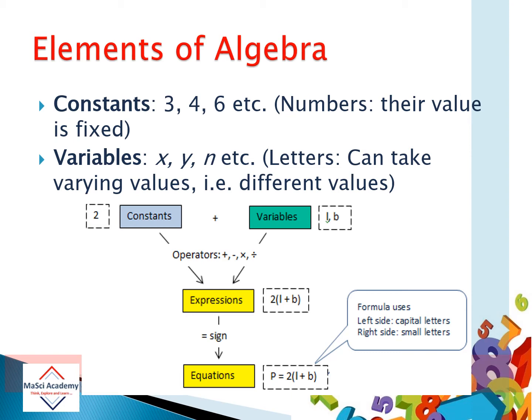For example, in the formula to calculate the perimeter of a rectangle, 2 would be the constant, L and B are the variables that denote the length and breadth of the rectangle. 2 into L plus B becomes an expression, and P is equal to 2 into L plus B is the formula to calculate the perimeter of any rectangle. In this video, our focus is on the expressions that are used in algebra.